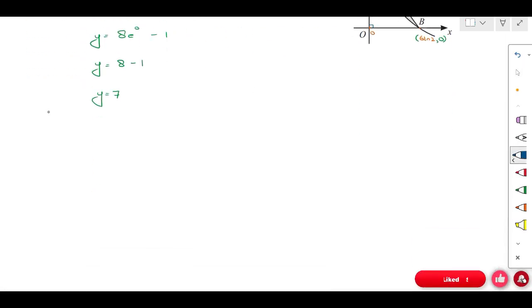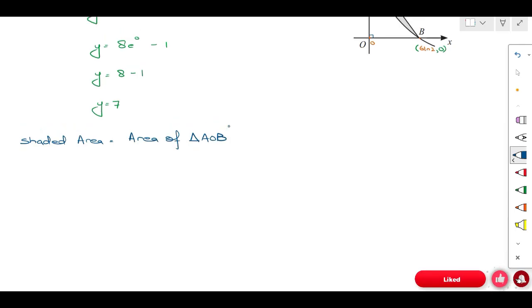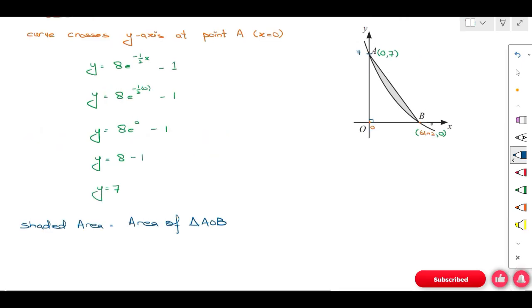So from the whole triangle AOB area, we subtract the area under the curve, and that would be the shaded area.